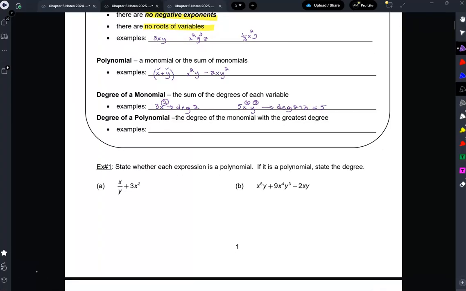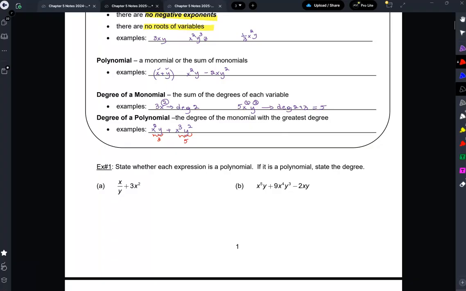Now, the degree of a polynomial is the degree of the monomial with the greatest degree. Okay, that's kind of confusing, right? So suppose you have x squared y plus x cubed y squared, right? This has a degree of 3, 2 plus 1.